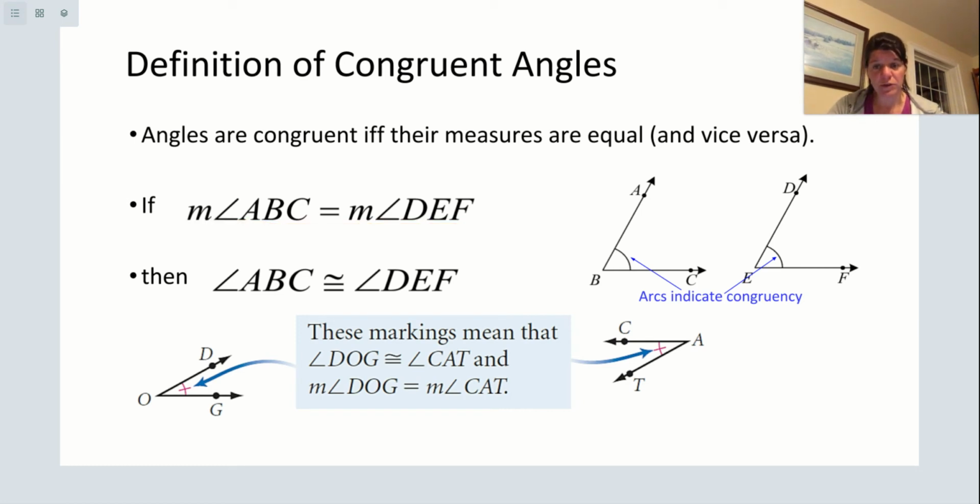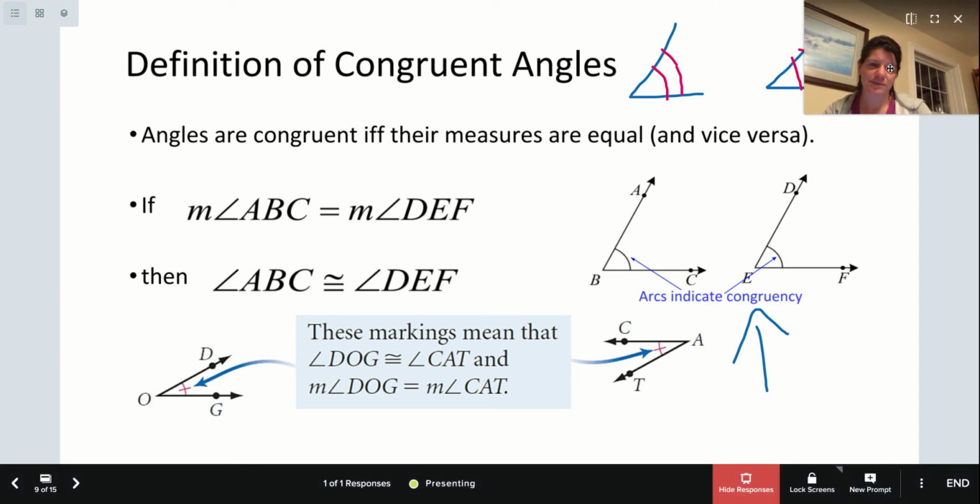And on the figure, we mark congruence in 2 ways. So there's this thing over here where we do these arcs, okay, and just to show you again, if these 2 angles are congruent, then I can put 2 arcs as well. I'll put it underneath.